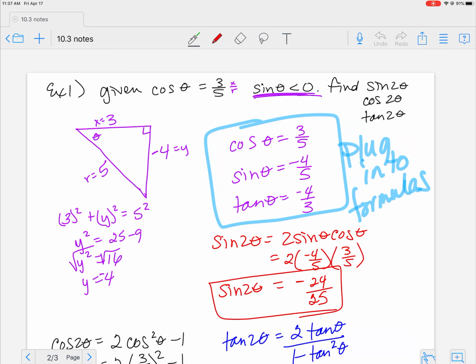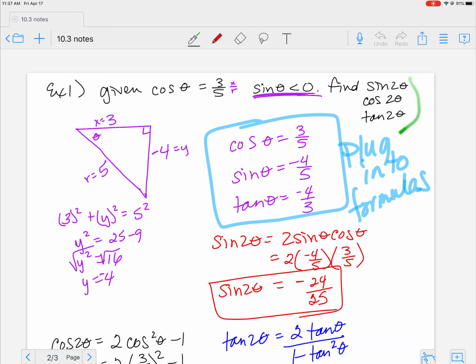For example, if I am given that cosine is equal to 3 over 5 and sine has to be less than 0. If I have something that is less than 0, what does that mean? Negative, right? That means negative. So sine is negative, cosine is positive, and I'm going to be charged with finding sine, cosine, and tangent double angles.